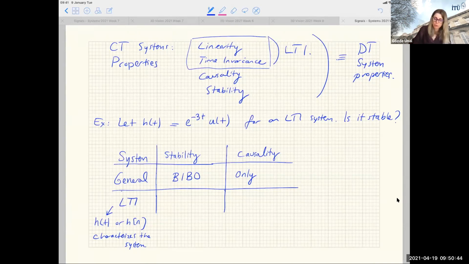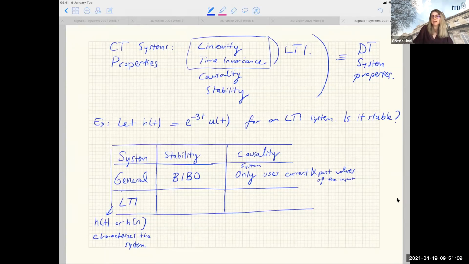And a causal system only uses current and past values of the input. But for LTI systems, we can talk about these properties in terms of h.